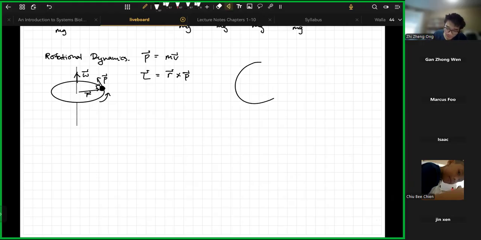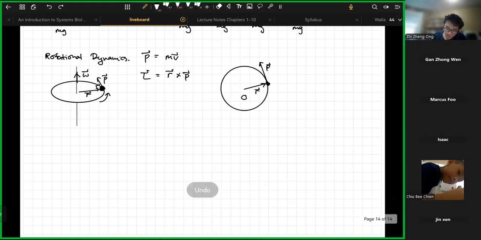Let me just draw it again. There's r, p, and so r cross p would just point out of the page. And this will be L, out of the page. So you use your fingers in the r direction, cross it to the p direction. That direction will be L.